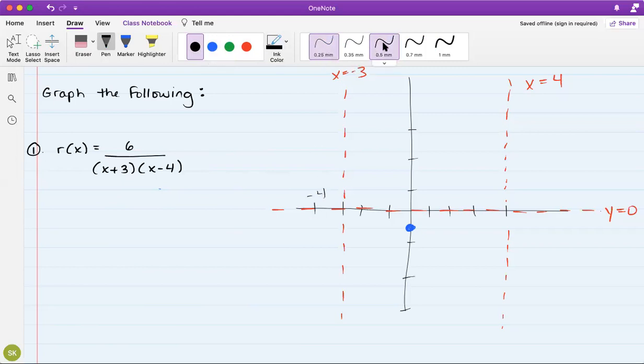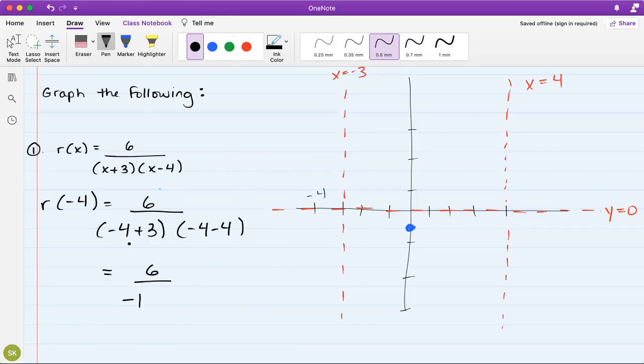Let's see what happens when we plug in -4 into R. So if I plug in -4 into this function, I get 6 over -4 plus 3 times -4 minus 4. And really all I care about is if I get a positive or a negative number. So let's say we get 6 over -1 times -8, which is 6 over 8.